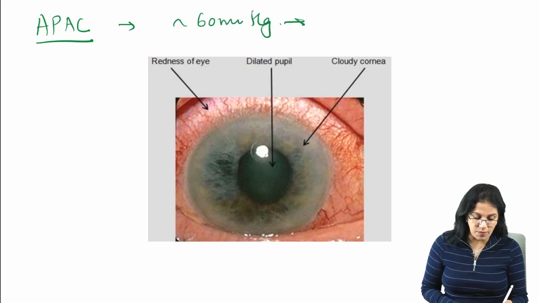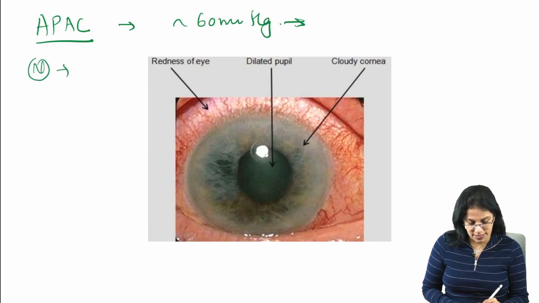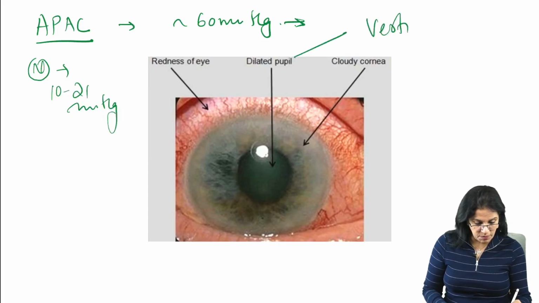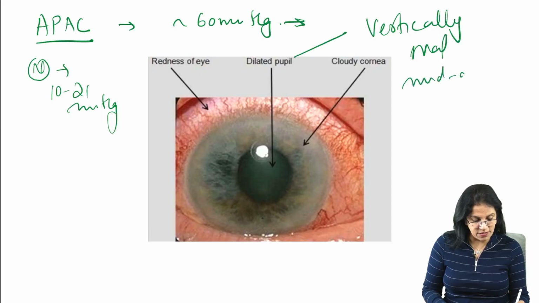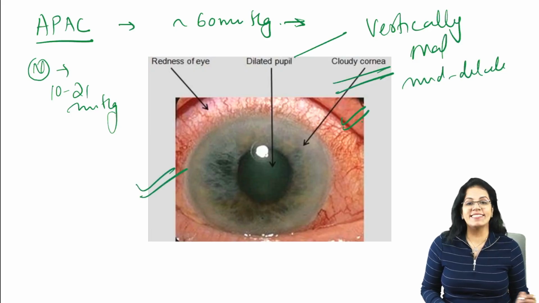And with such a high pressure, what is the normal IOP? They can ask you this. Normal IOP, I hope you know, is 10 to 21 millimeters of mercury. So this is the patient with a vertically oval mid-dilated pupil. This is important, please. You have to revise all this, right? The cornea is cloudy because of corneal edema, and there is redness.